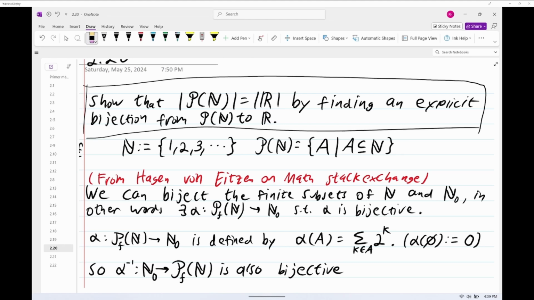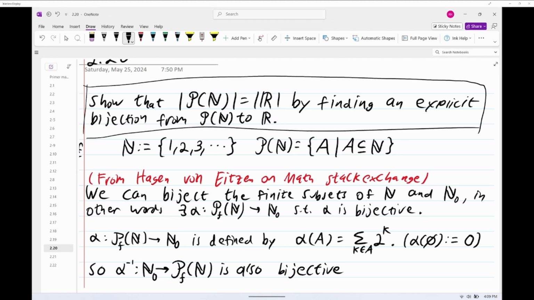In a word, you would much rather show that there's an injection from R to P(N) and an injection from P(N) to R, and then appeal to the Cantor-Schroeder-Bernstein theorem, which says if two sets have injections both ways, then there's a bijection between them. Okay, but we've got to find a bijection.